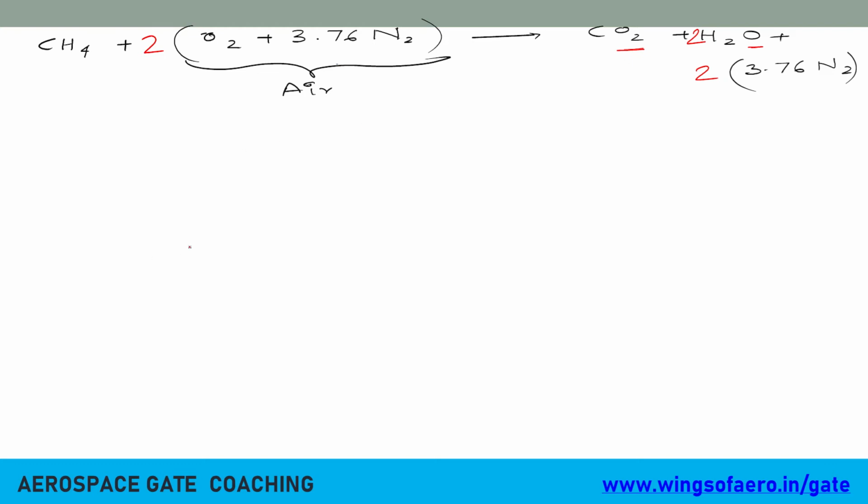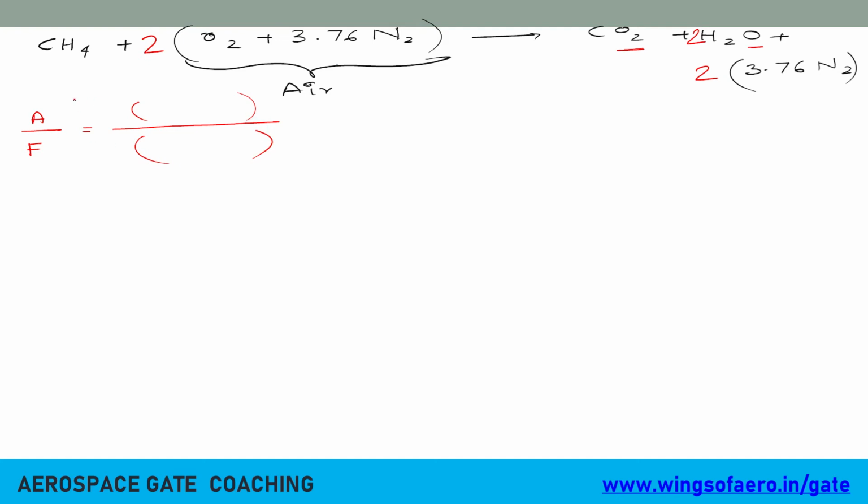Now in this case, what actually are we finding? Here also they will ask you to find the air to fuel ratio. Now to find the air to fuel ratio, what have we done? We have seen the number of moles and multiplied by the molecular weight, and we got the value. The same thing we are going to perform over here.